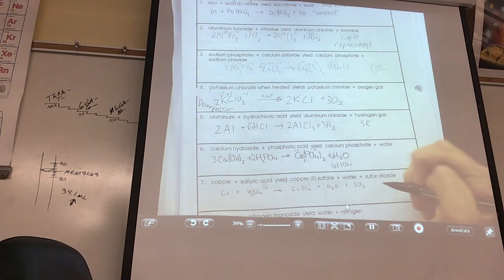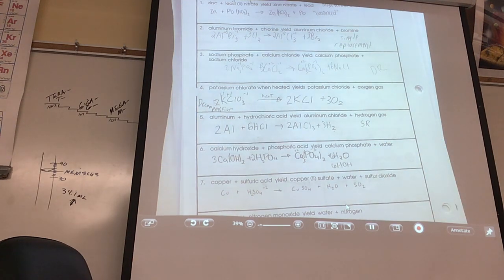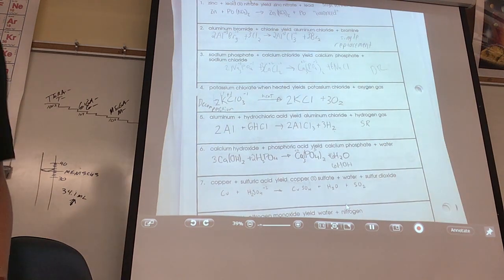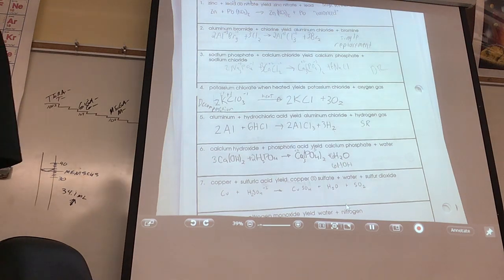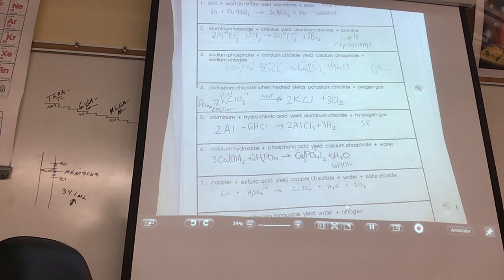Now, notice that with this one we have a small problem here, because what happened to sulfate? It got split. Sometimes when it breaks down it's easy, sometimes it's not, so you want to try to balance it. I guess instead of sulfates, we have to do sulfur, right?